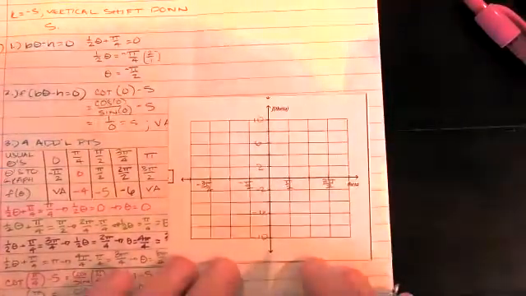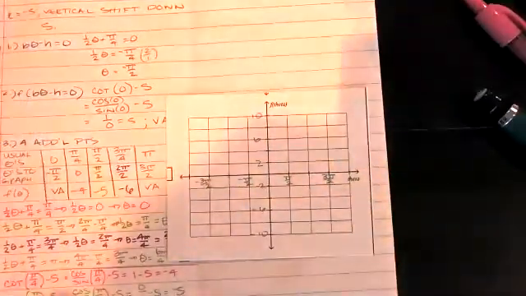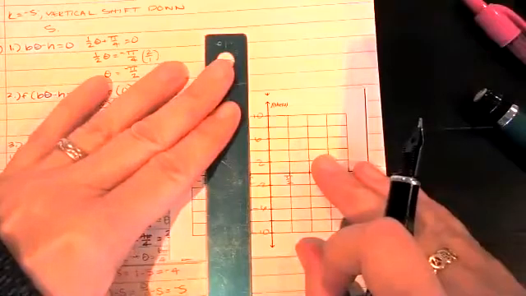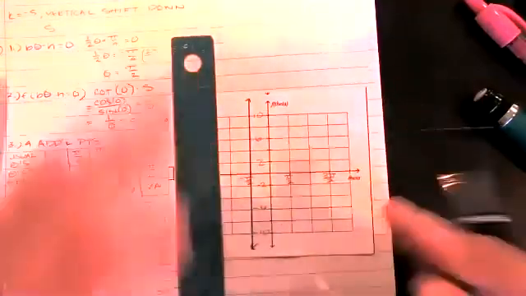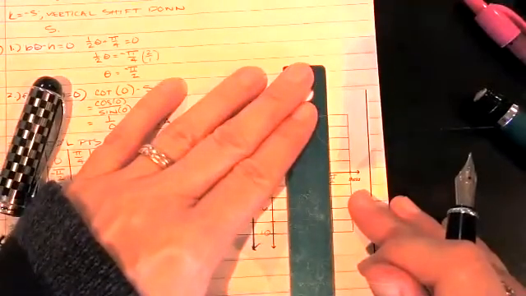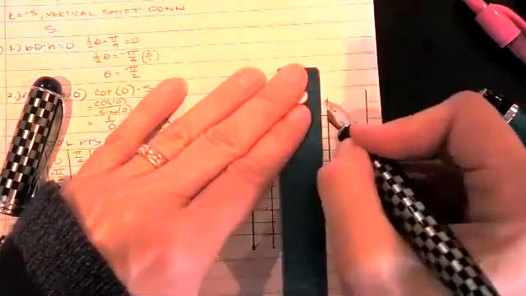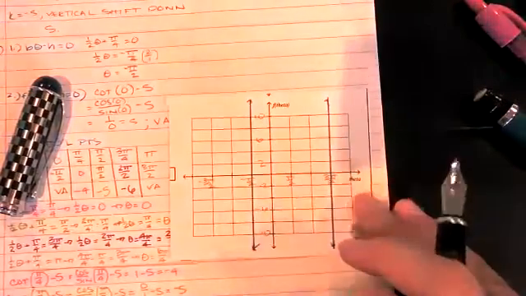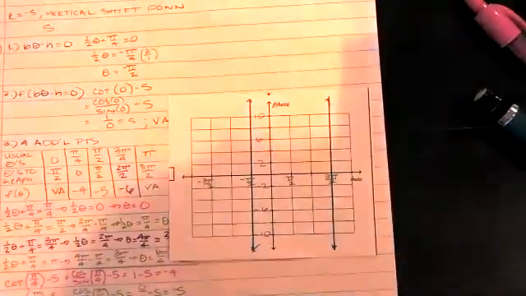We said there was a vertical asymptote at negative pi over 2, and also at 3 pi over 2.